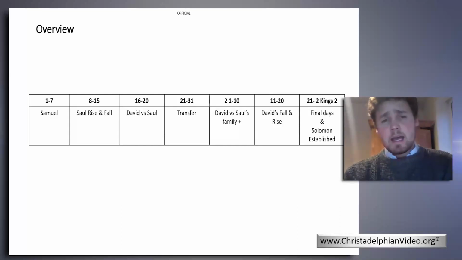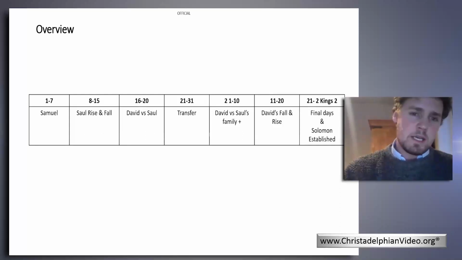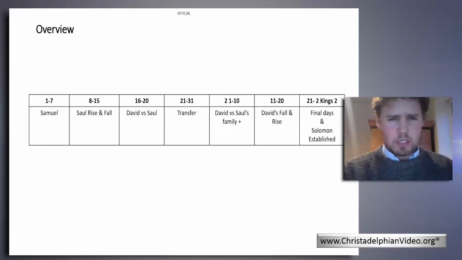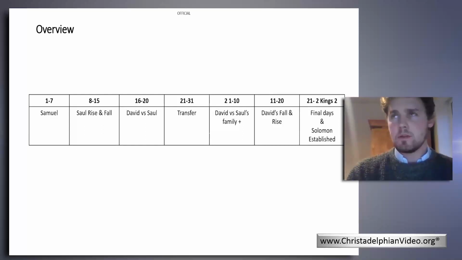And then we have the attitude of Saul changing and David becoming the enemy of Saul. That section deals with David as an enemy of Saul, but still within the rough proximity of Saul, i.e. within and outside of Saul's court.